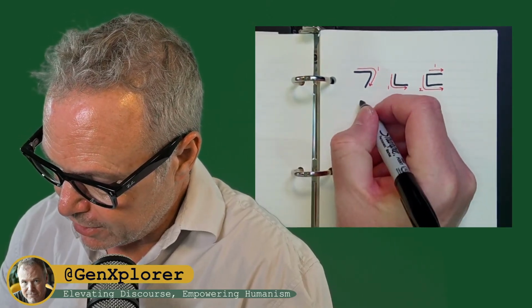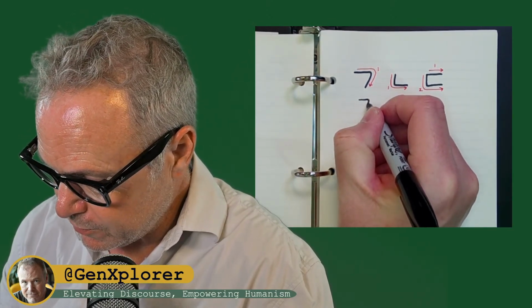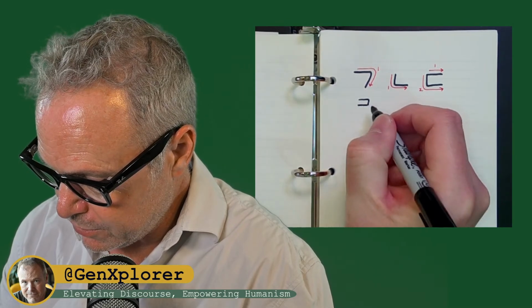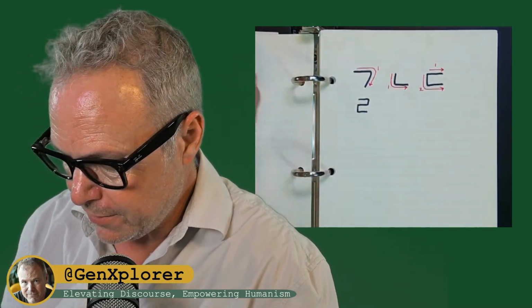Ka, na, da. Let's go to ra. Real. 1, 2, 3.